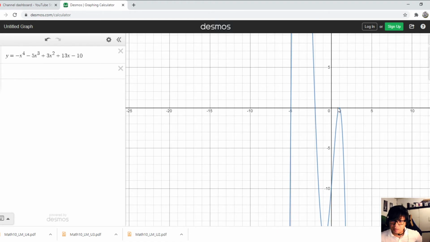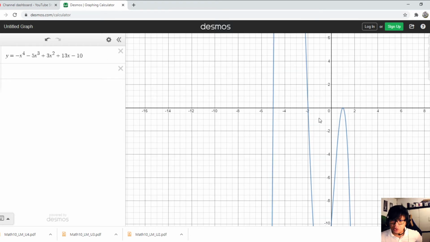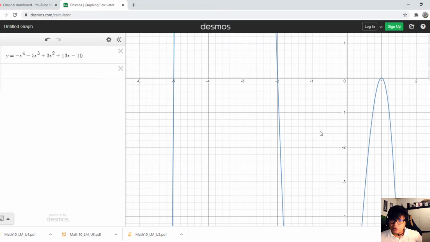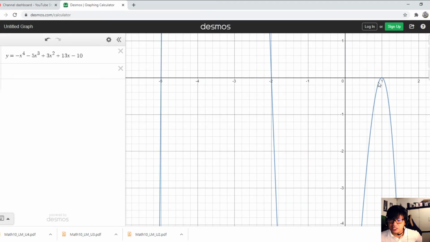So, hindi na siya tumawid doon sa x-axis. It is because may mga point dito na nagdoble yung kanyang intercept. If isa sa 1, ibig sabihin sa 1, dalawang ulit yung 1. So there are multiplicity of 1.